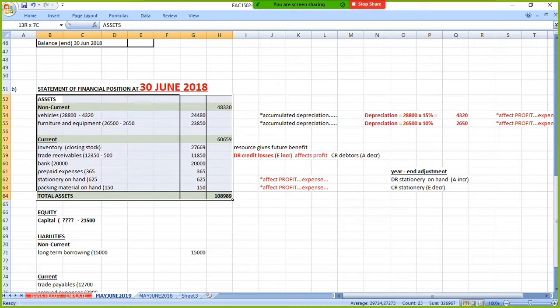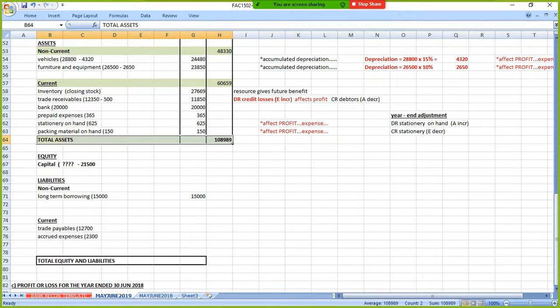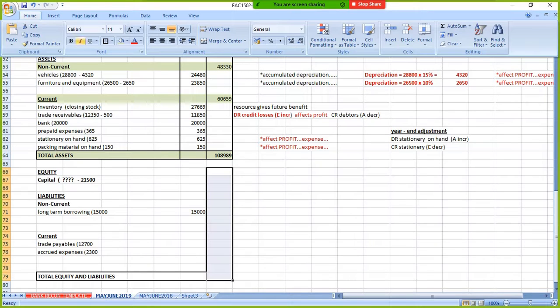You've already got half of the statement of financial position correct. How do you get the other half? Well, remember, this is a statement of financial position. So what must your total assets equal? Your equity plus liability. Very good. So that total is going to be the same total here at the bottom.